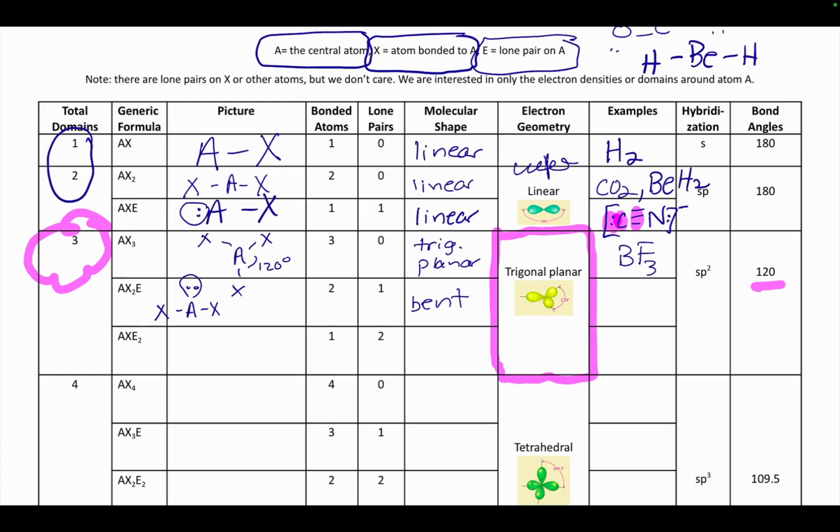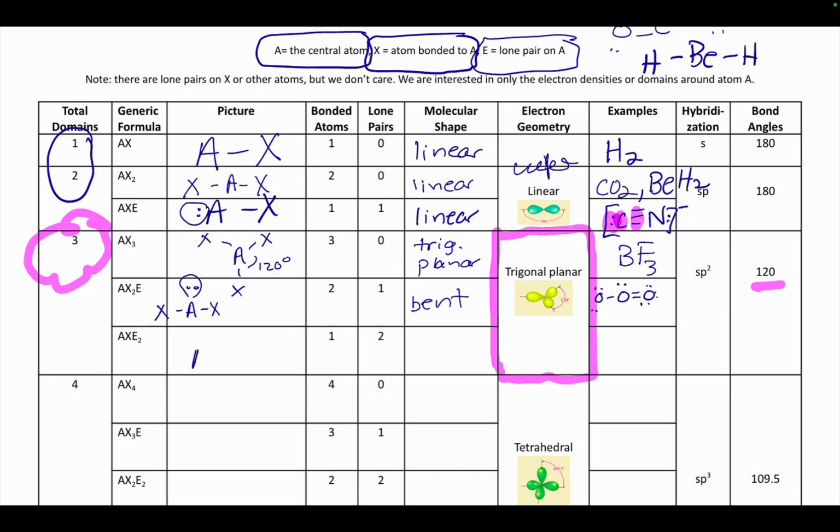An example of this would be ozone, which is O3. It has a single bond and a double bond, and then it has a lone pair. So on the central atom, the middle oxygen, you can see that it has 2 bonding domains and 1 non-bonding lone pair.